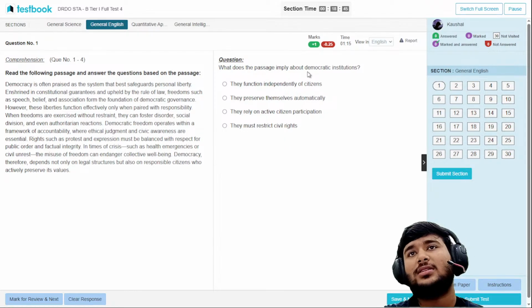What does the passage imply about democratic institutions? Rely on active participation. They must restrict civil rights.